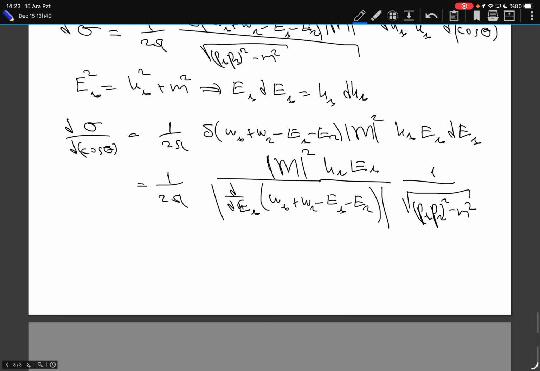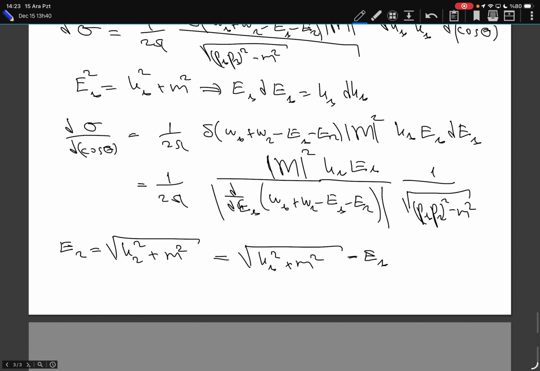Now, I'm integrating over E1, but E2 also depends on E1. Remember, E2 is the square root of k2² + m². Here, k2 is the 3-momentum, not the 4-momentum. But I'm in the center of mass frame. So in the center of mass frame, k2 and k1, the 3-momenta, have the same magnitude. They're just pointing in opposite directions.